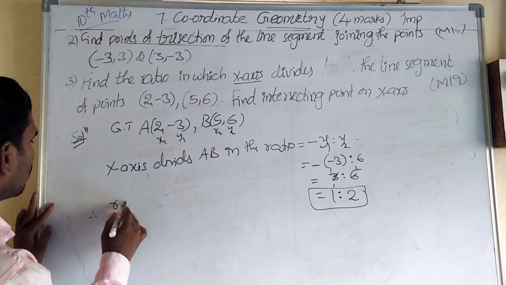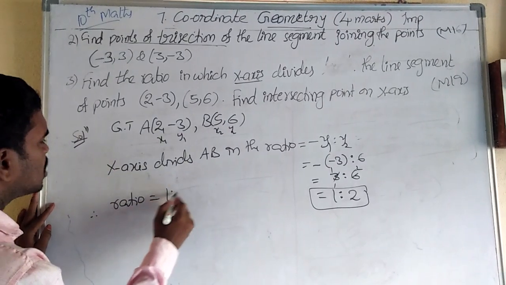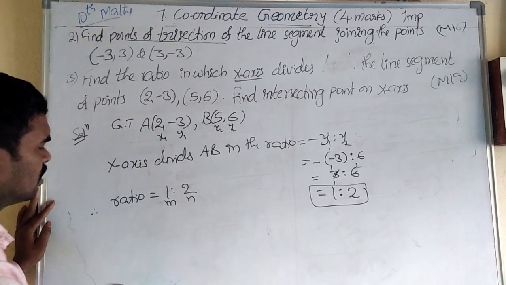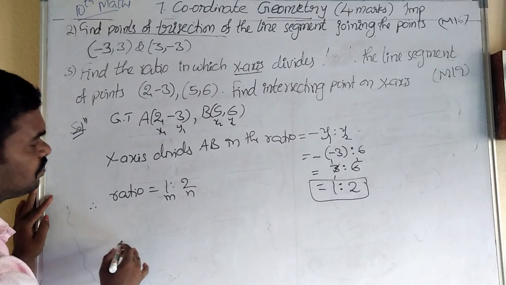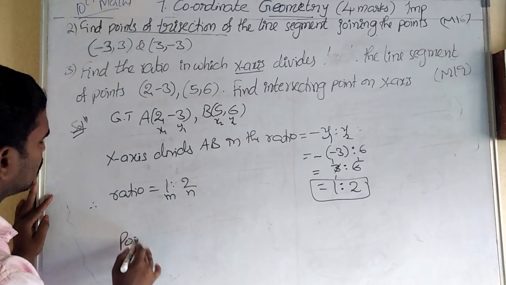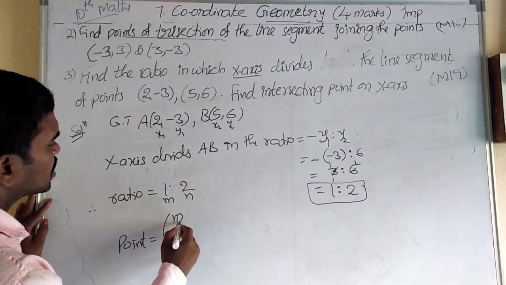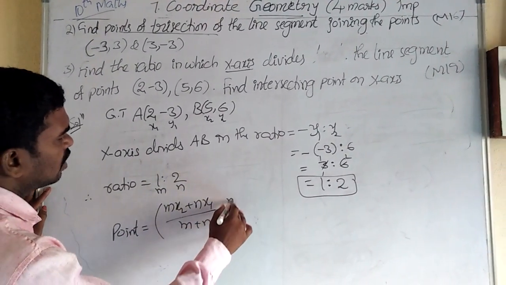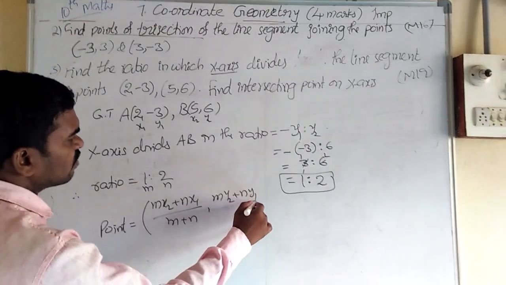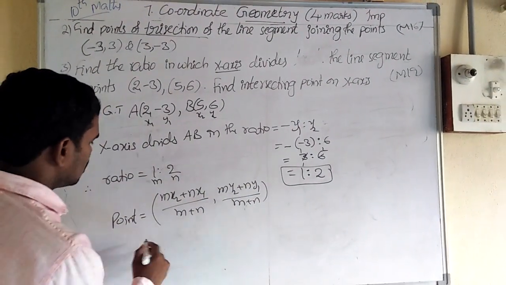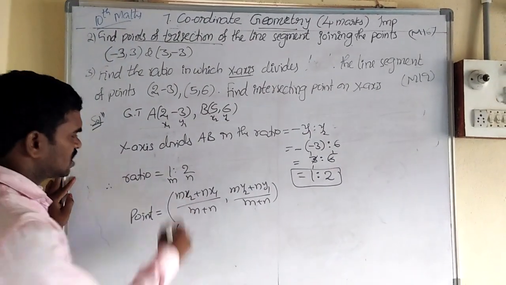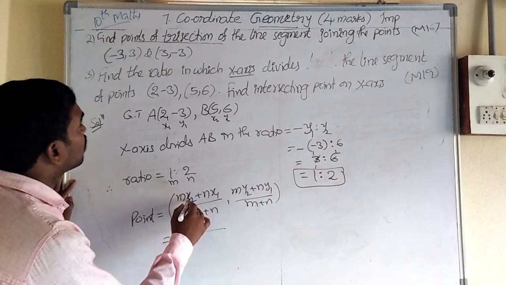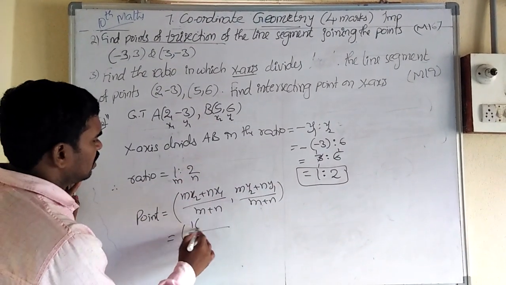So the ratio is 1 is to 2. So this is m, this is n. Therefore, the point. What is the section formula? (mx2 plus nx1) by (m plus n) comma (my2 plus ny1) by (m plus n). Do we have m? Yes, 1 into x2. x2 is 5.